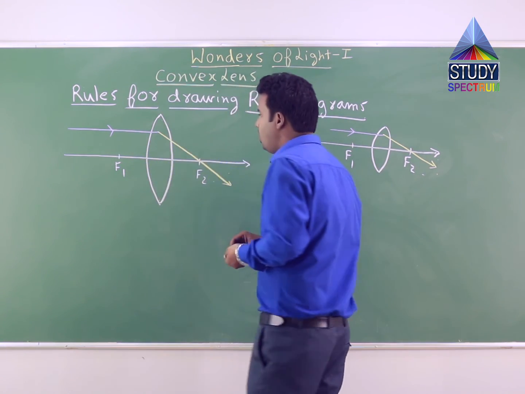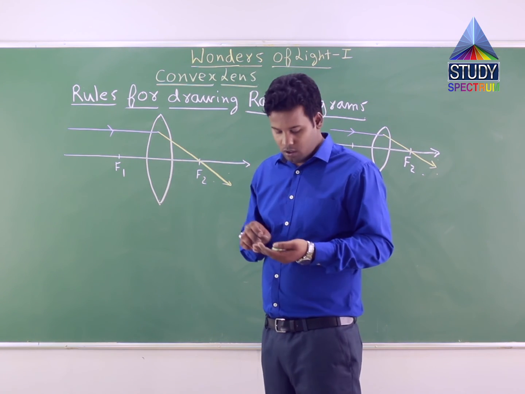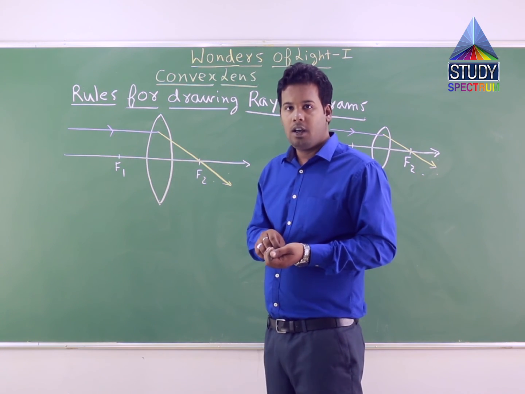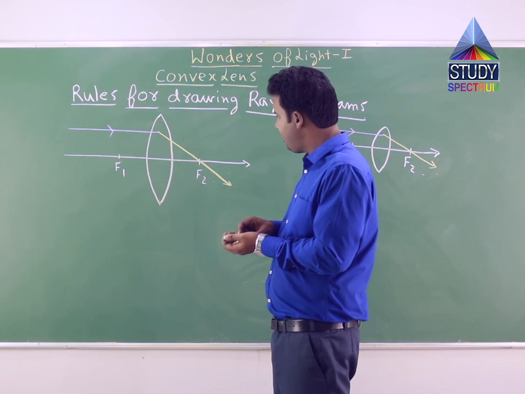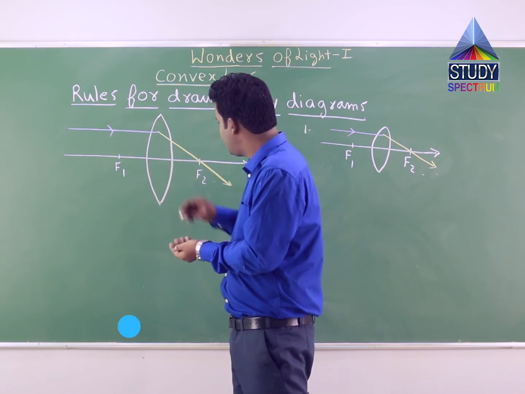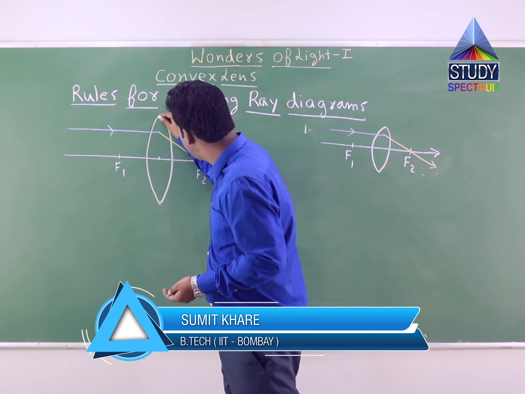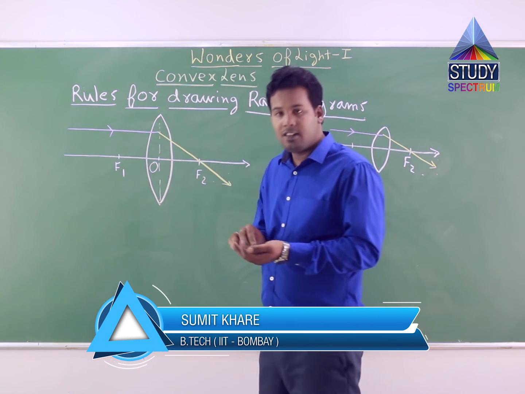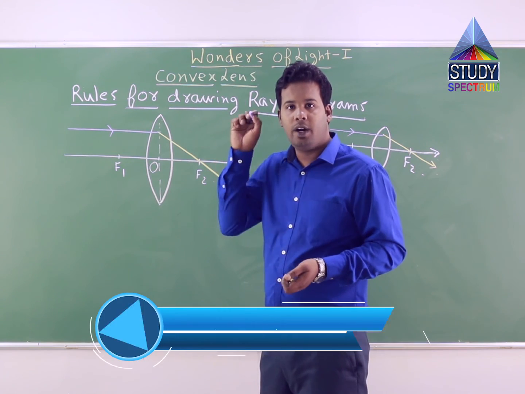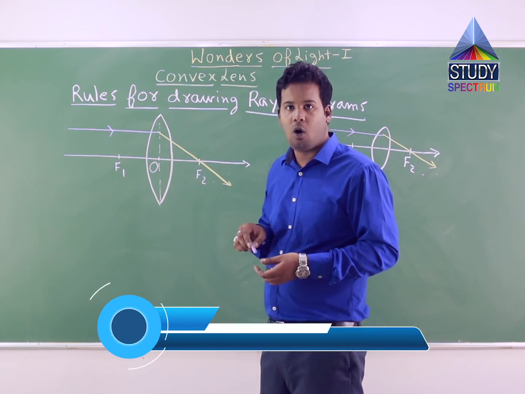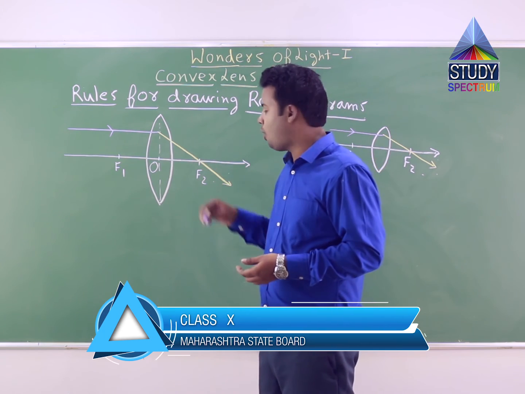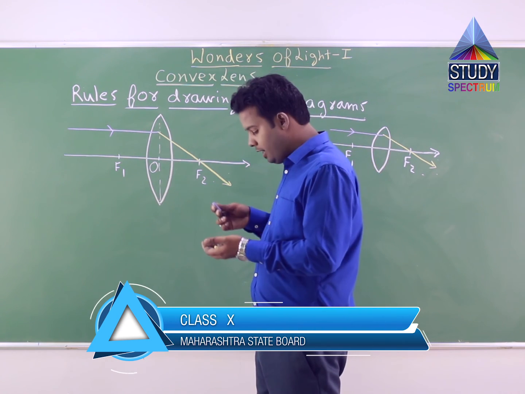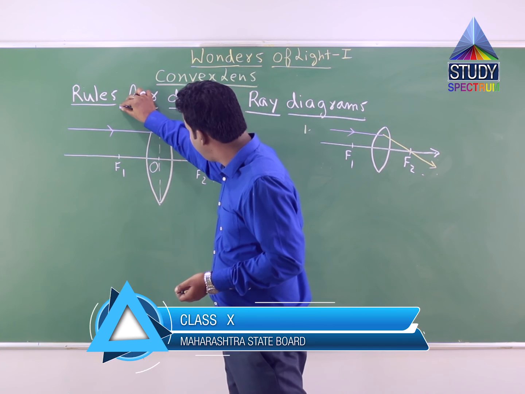Now if we talk about rule number 2, the rule number 2 says if the incident ray, suppose I draw this optical center over here, this is your optical center. If the incident ray is directly going to hit the optical center of this lens or is going to pass through this optical center, then it will not show any sort of refraction.